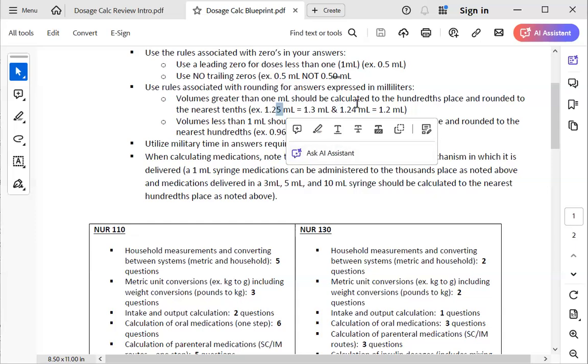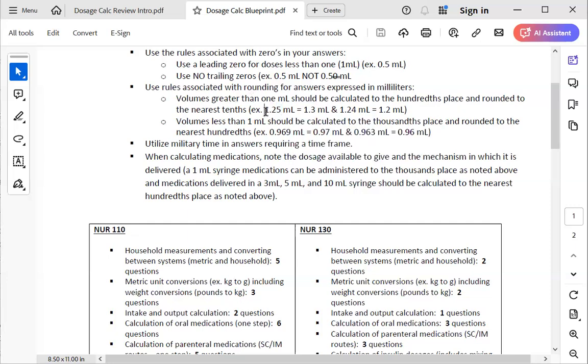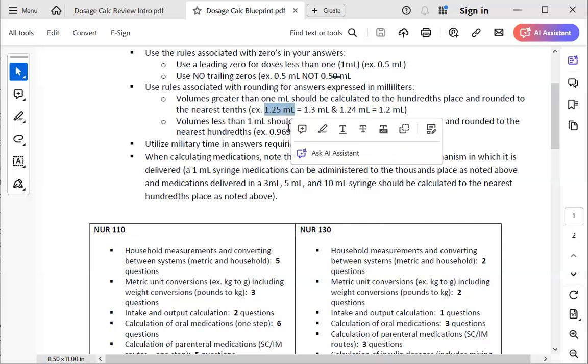If the number to the right of the tenths place, which is called the hundredths place, is 5 or greater, you round up. If it's 4 or fewer, you don't round up. You leave it at that number. So as the example, if you have 1.25 milliliters, we're going to round the 2 to a 3. So your final answer is 1.3 milliliters.